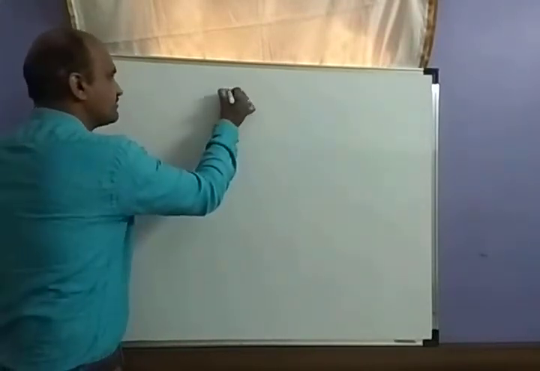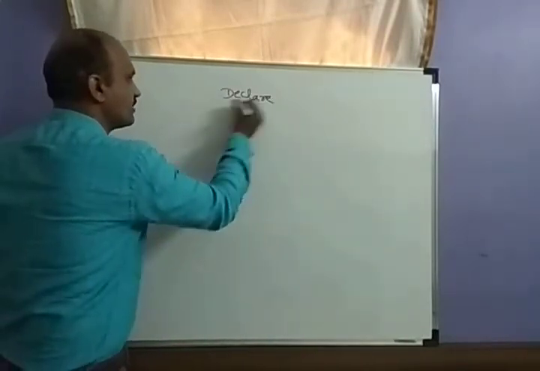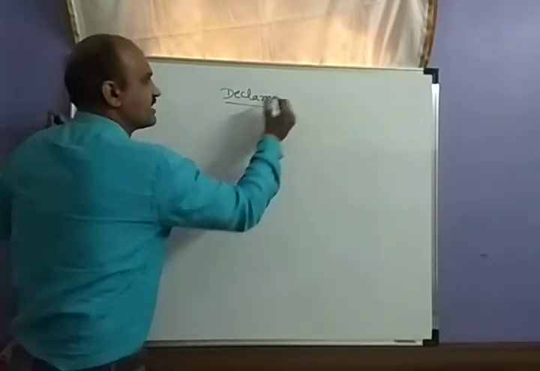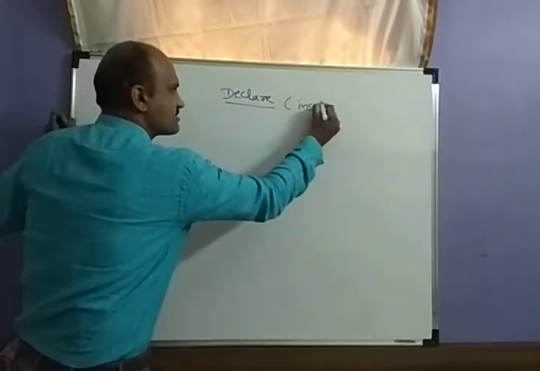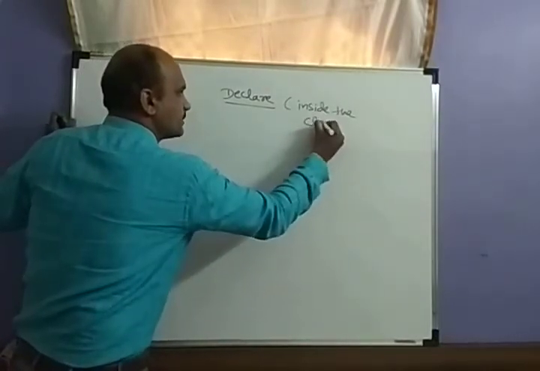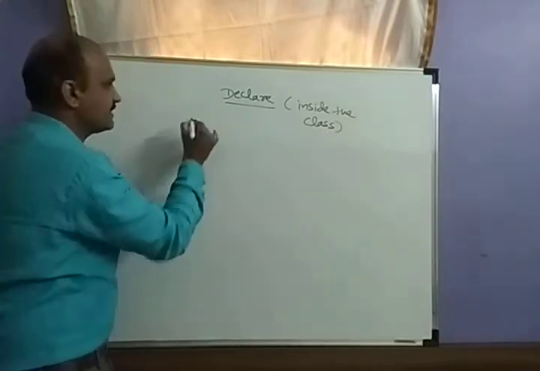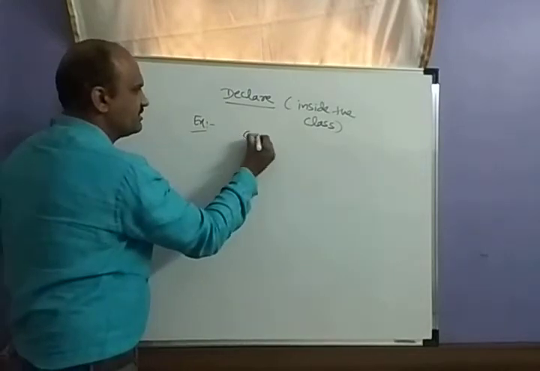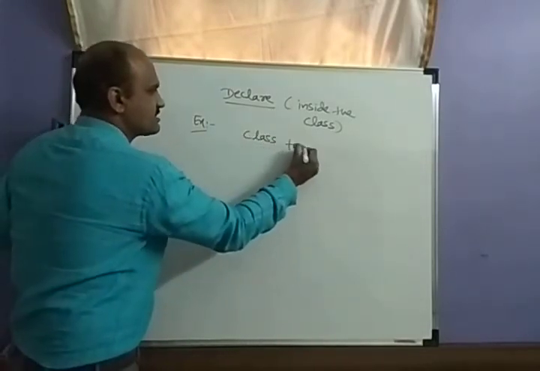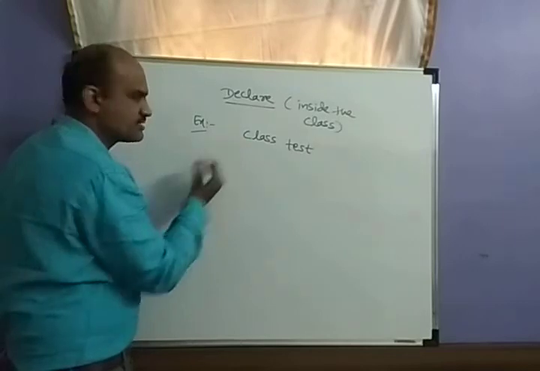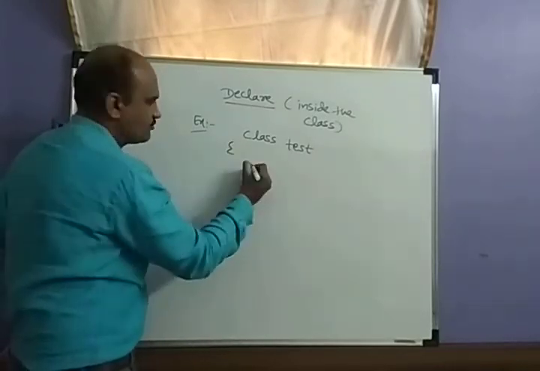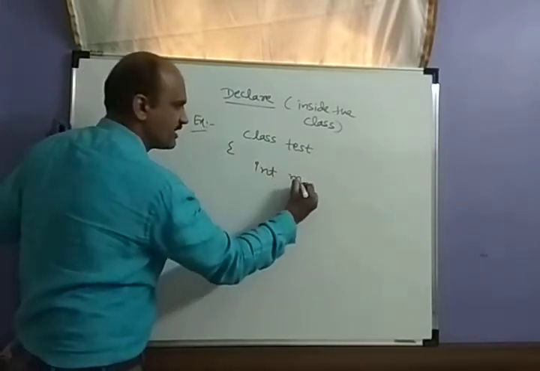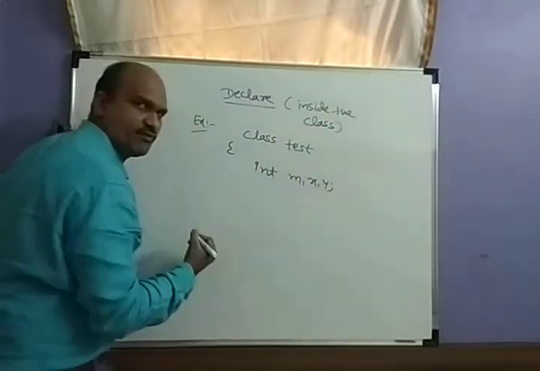Now, how to declare the constructor? We will see inside the class by using one example. I will take a simple example, class test, open brace. In the private section, int x, y, some variables.